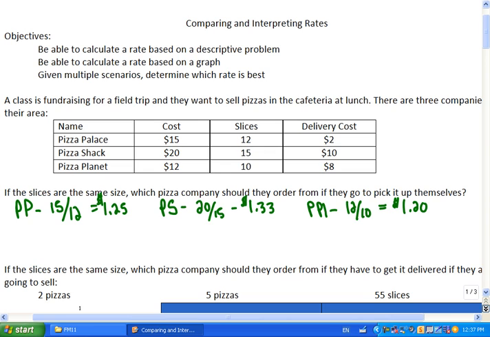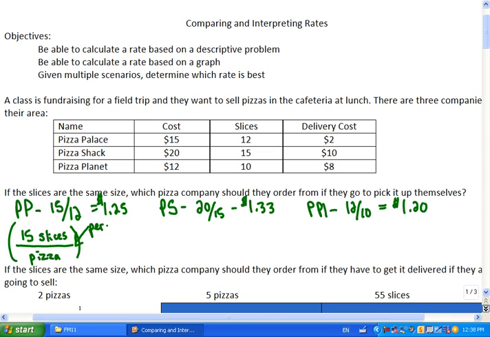Now, I want everybody to write this one down just so you can see what happens. But what we're going to get in the habit of doing when we write these rates down, it feels like more work, but it's going to make the math a lot easier. So normally when we write this down, we would write it like $15 per pizza. So this is in your head: when you say the word per, you're going to divide.